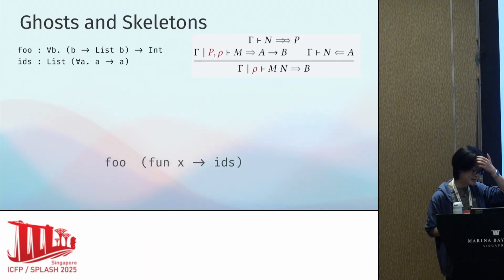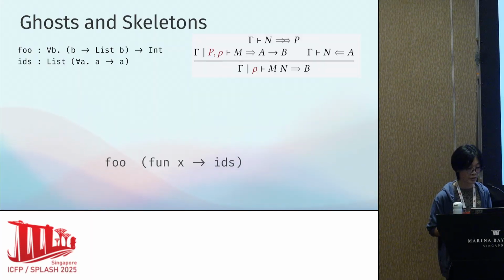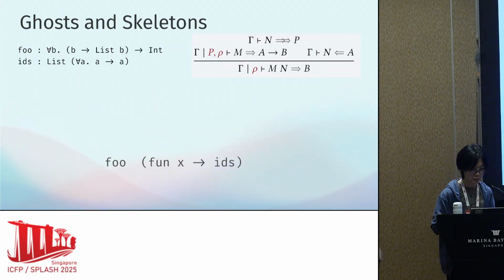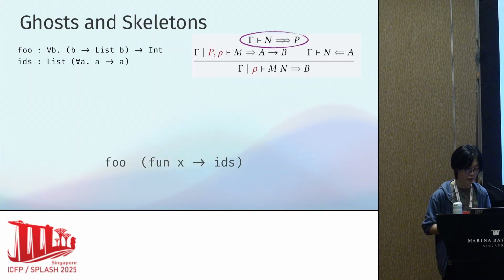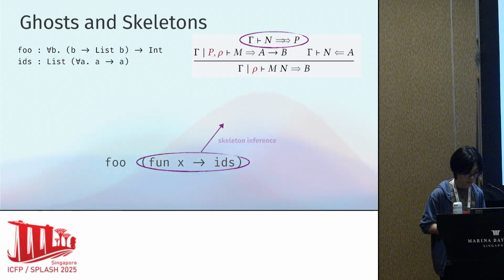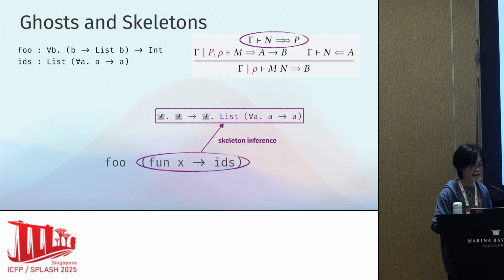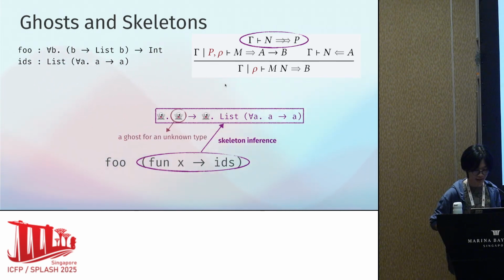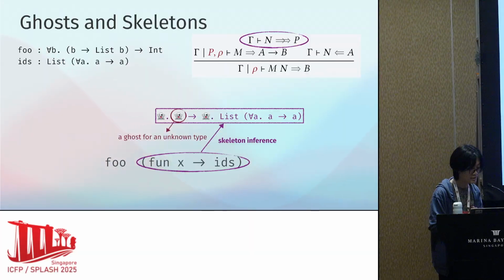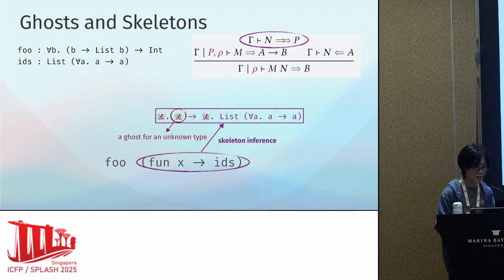So here is the same example as we have seen before. We first infer a skeleton for the argument. For this argument, its skeleton is this. So a ghost represents unknown information because at this stage, we do not know which type should be the parameter of from x to IDS.